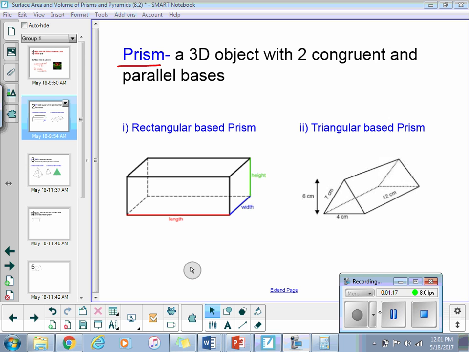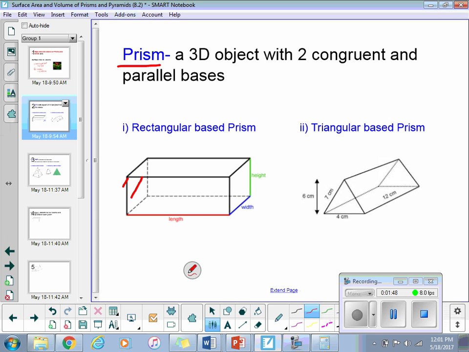So, if we consider this here, what are two bases that are congruent or the same?